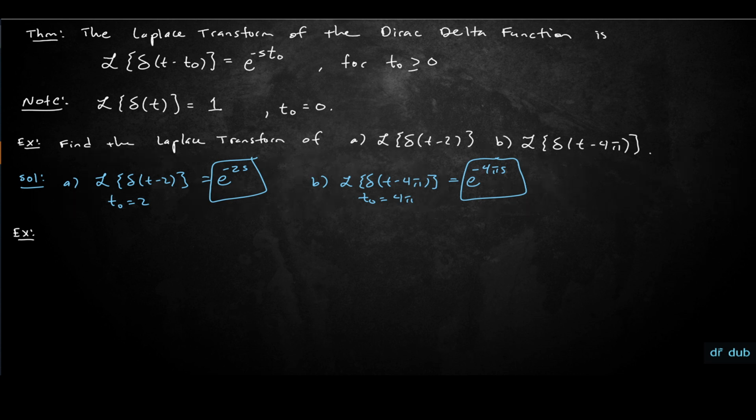So example, solve the IVP. The first one is y prime plus y equals delta(t - 1), and the initial condition y(0) is 2. So solve this initial value problem.